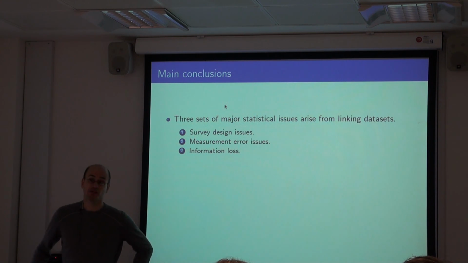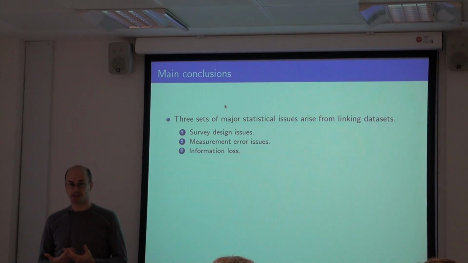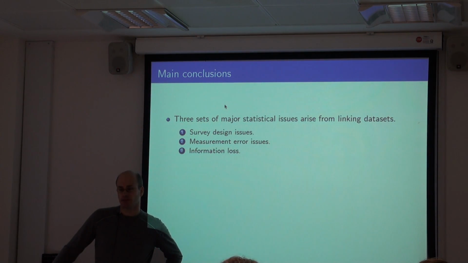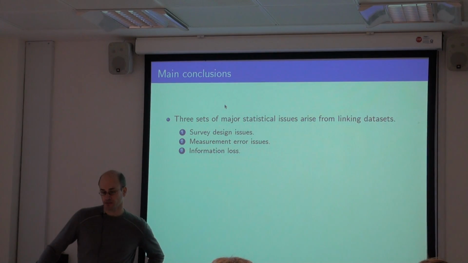If you're going to design a survey in advance and you know that they're going to be linked, there are some ways you can design it so that it becomes easier to link, so you can control the properties of the final survey. But usually, at least in most of the applications I look at, I'm given some data and I need to link them. I can't design the survey.